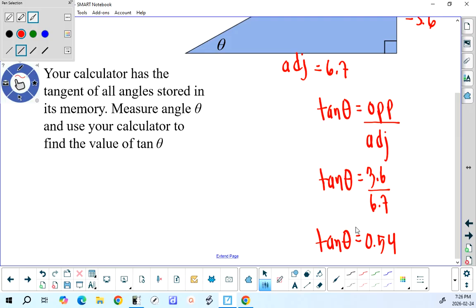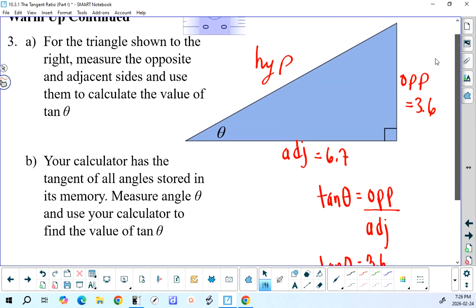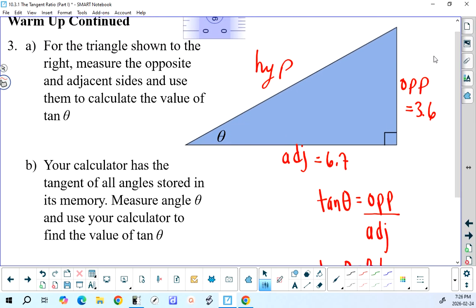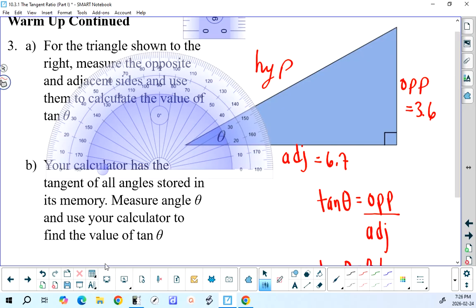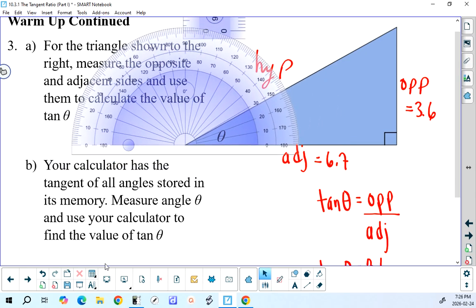Now, what else are we asked to do? It says your calculator can calculate the tangent of an angle if we know the angle. So we're asked to grab a protractor and measure that angle theta. Let's put my protractor down here on the crosshairs. I'm looking over here on the right-hand side, in this region here.